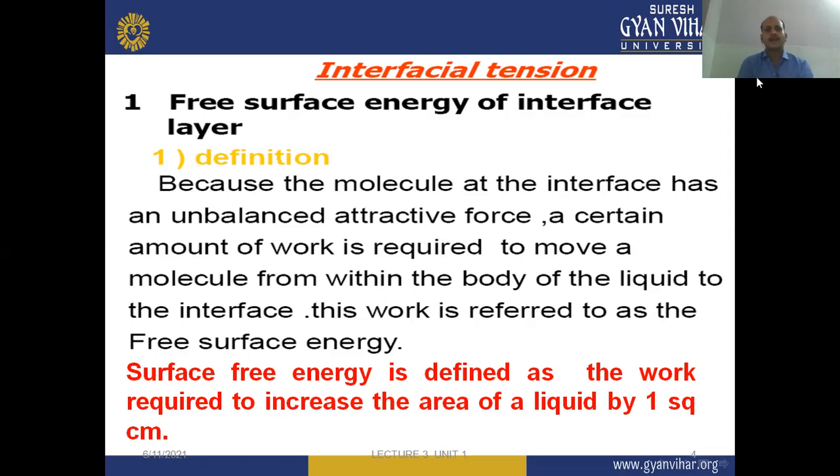This is defined as superficial tension or interfacial tension, which can be expressed by F by L, force per length, and the unit of this expression will be dyne per centimeter or newton per meter.